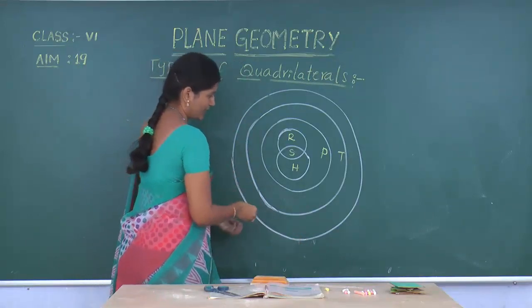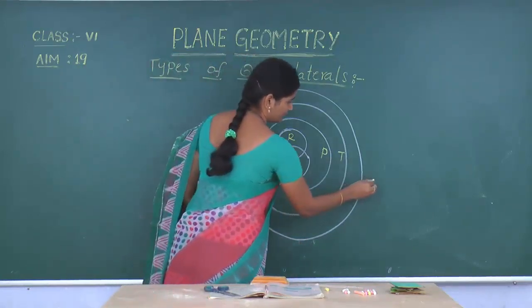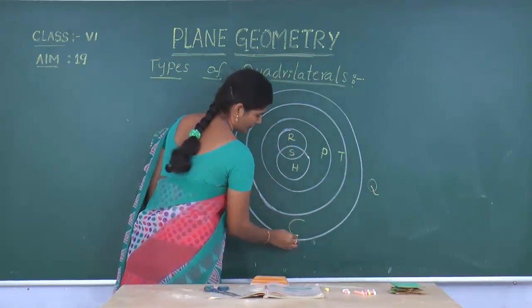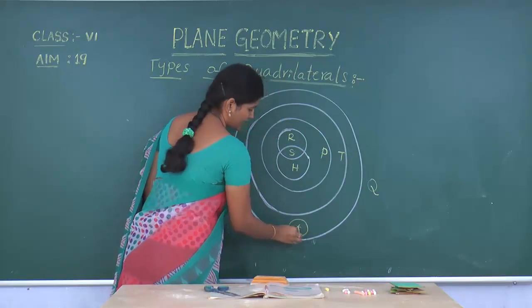This is a quadrilateral. And here one thing is the kite.